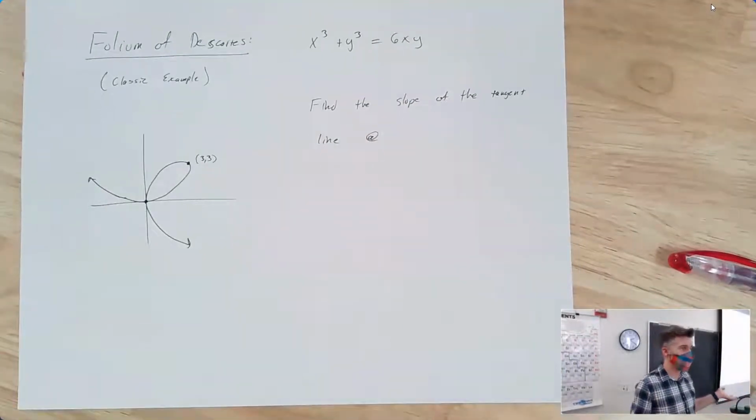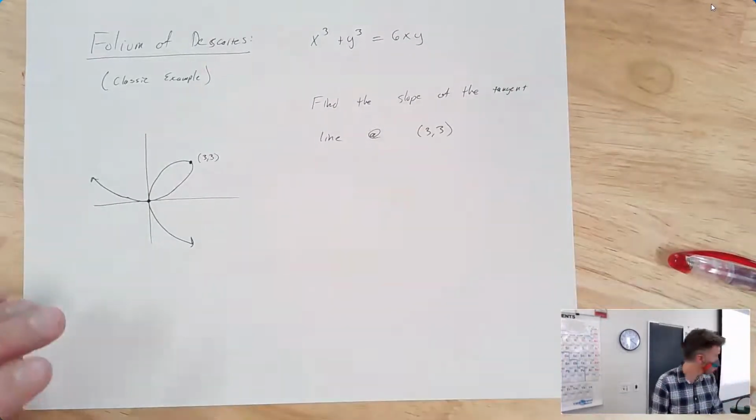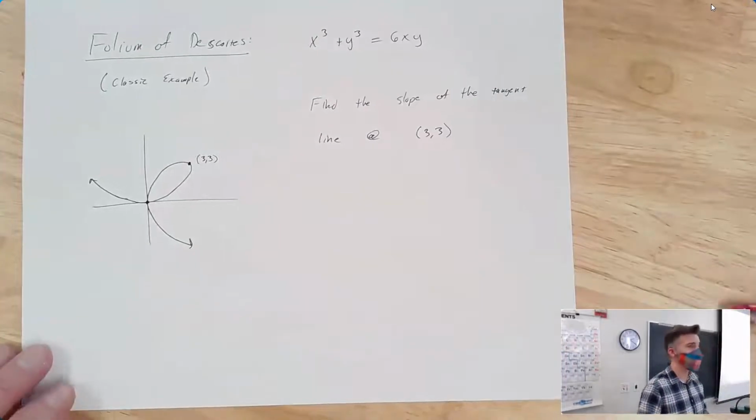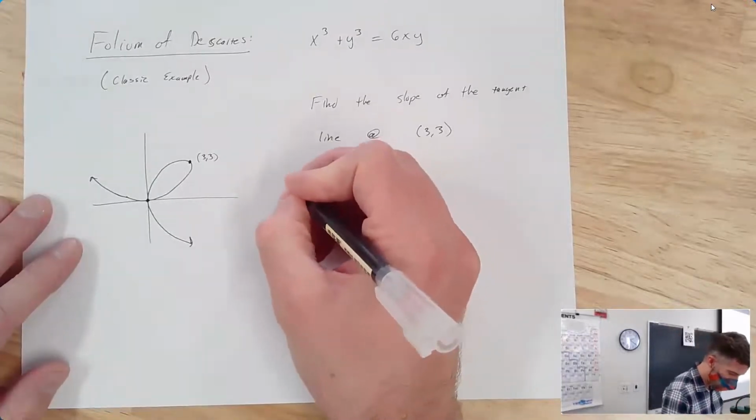You can either be specific or general. I'm going to be specific and find the slope of the tangent line at the point 3, 3. And I'm going to do this in what I consider to be the easy way. So I'm still going to do my same first step. Step 1, differentiate.